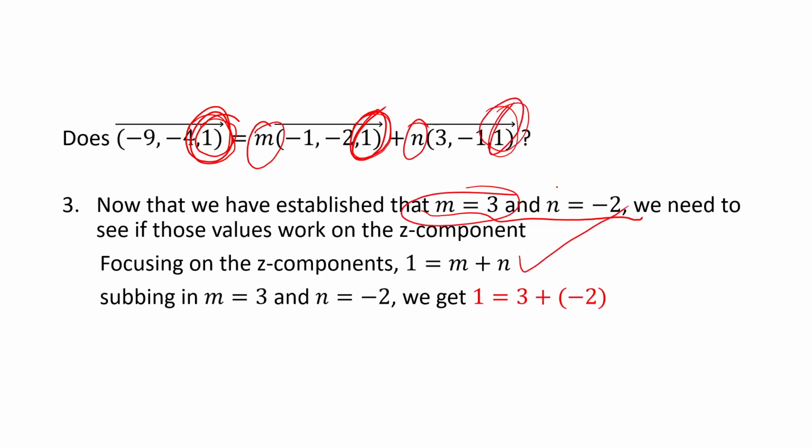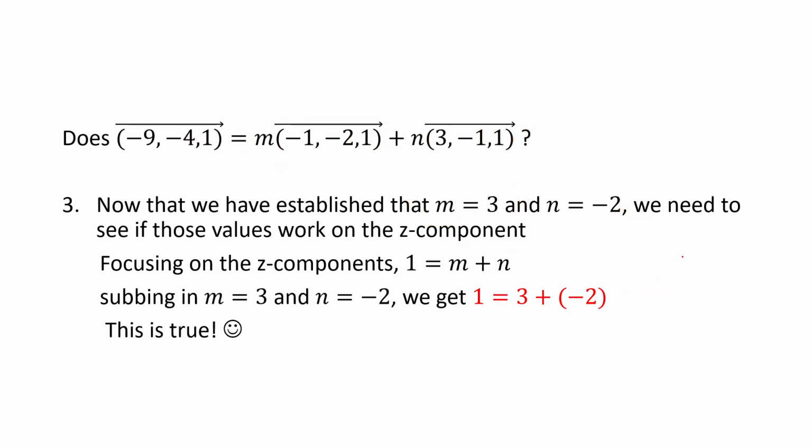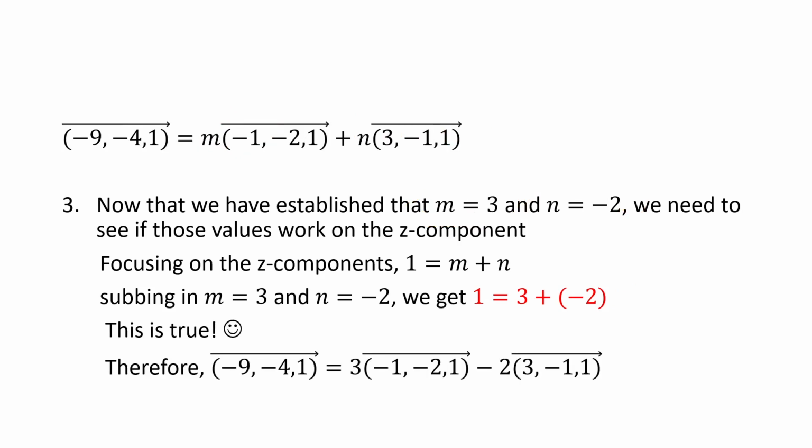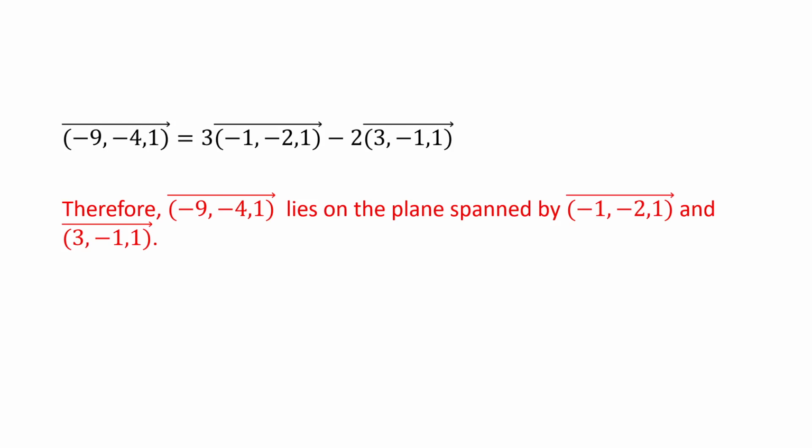Using the values m equals 3 and n equals -2, 1 equals 3 plus -2, and that's true. Since it's true to say that -9, -4, 1 is a linear combination of those two initial vectors, it lies on the plane spanned by them.